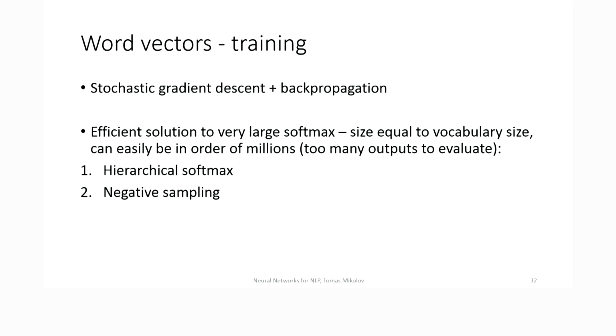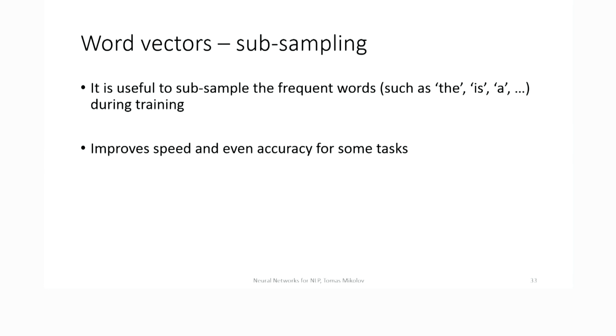So it's actually even much simpler than the hierarchical softmax. It has the problem that it doesn't give you a good probabilistic model. It doesn't converge to good probabilities in the language modeling sense. But if you care just about the word vectors, then it's completely fine. And it's the simplest algorithm to implement.